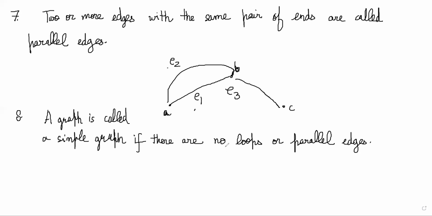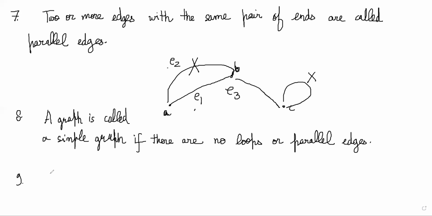So you want to ensure, if you want to have a simple graph, you don't have any loops in it or parallel edges as well. So this is not permitted and these parallel edges are not permitted to be called a simple graph, right?